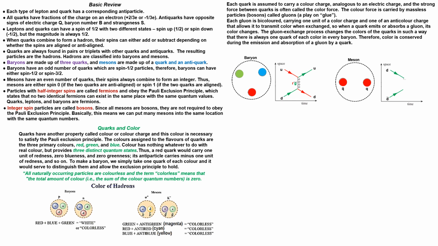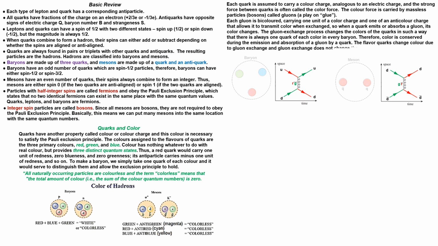The down green quark emits a green anti-red gluon, changing to a down red quark. The gluon is absorbed by the anti-green antiquark, which becomes a down anti-red antiquark. The quarks change color due to gluon exchange, and gluon exchange does not change the quark flavor.